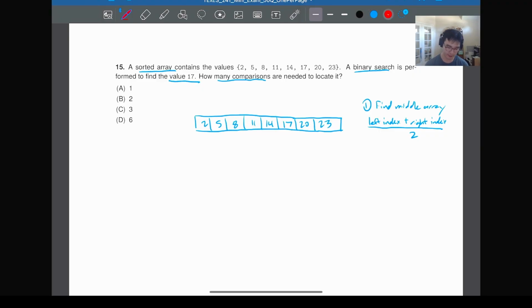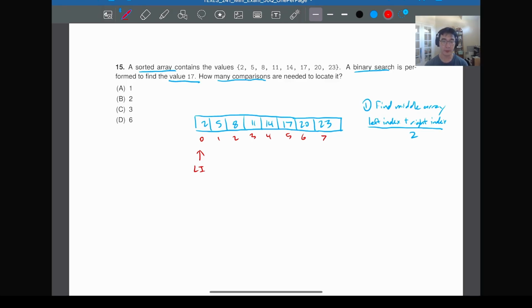What do I mean by that? Well, here we have 0, 1, 2, 3, 4, 5, 6, 7. And when I say the left index, I mean the left index of where I'm looking. Where could the value possibly be? So here is going to be my left index.